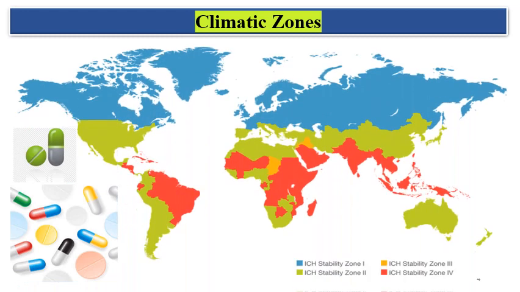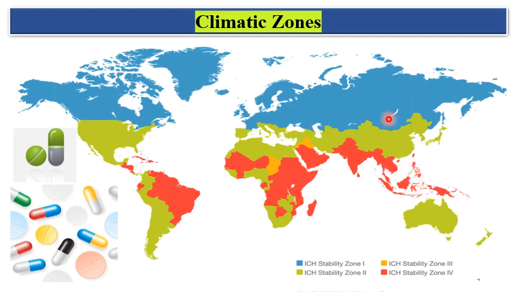We will see. ICH stability zone 1 is in blue color. Here you can see the ICH zone 1. Below that there is ICH zone 2, in green color. Then zone 3 is given in orange color, and zone 4 is given in red color.